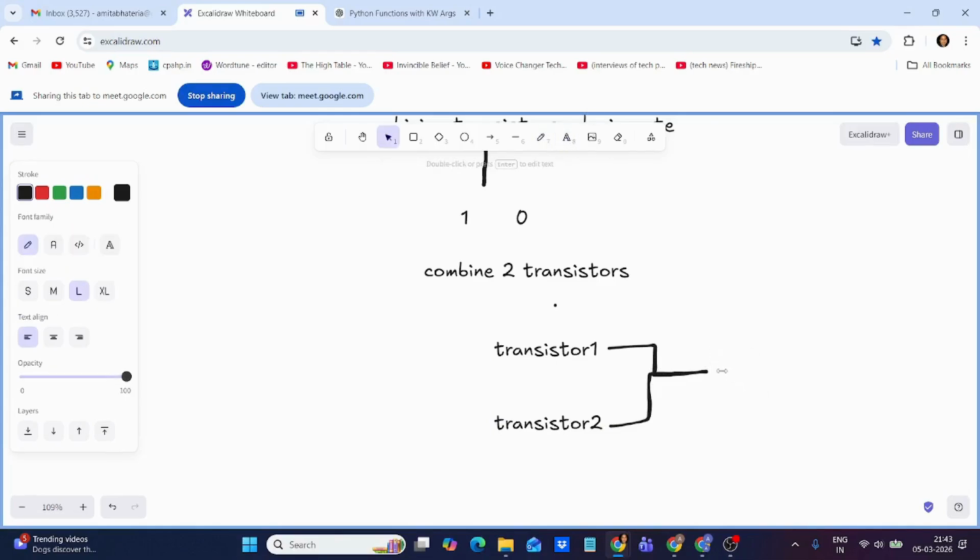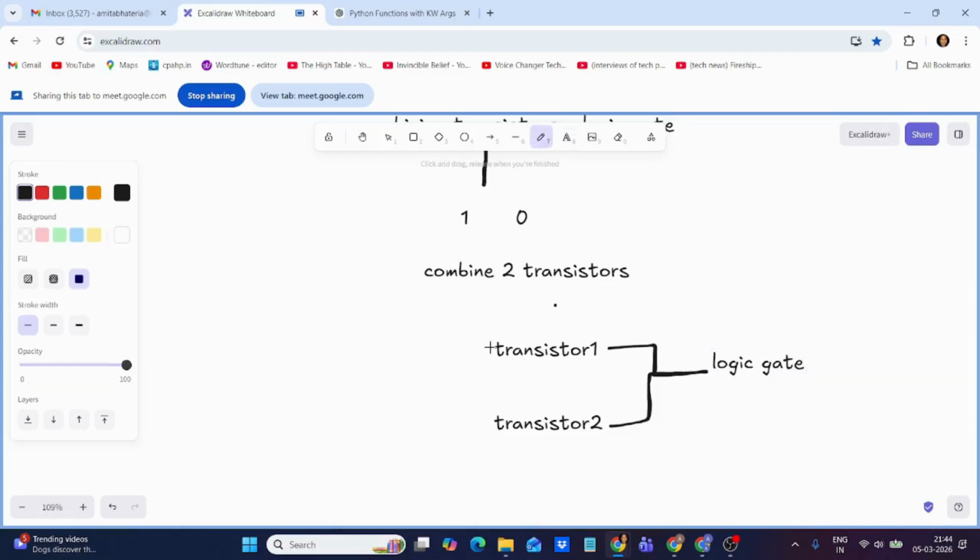Also, we know that transistor 1 can have either value 1 or 0, and the same transistor 2 can have value either 1 or 0. So from different combinations of these numbers from two transistors, we can decide what the output will be.